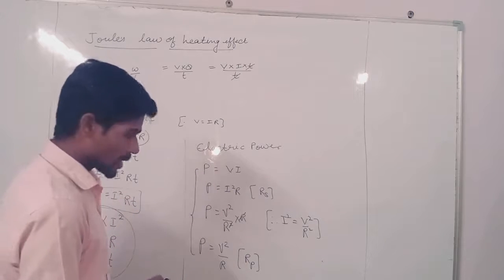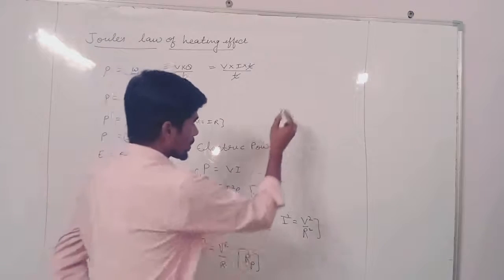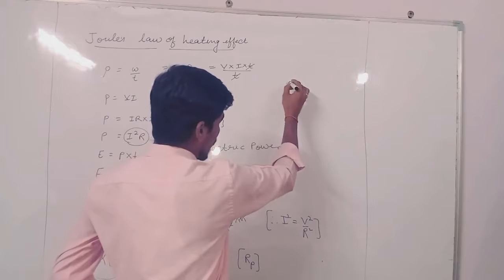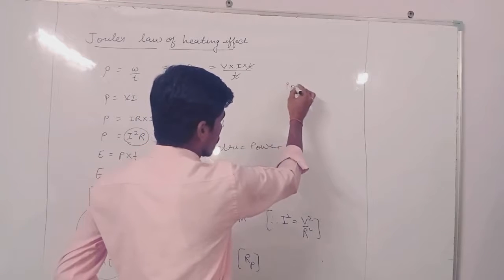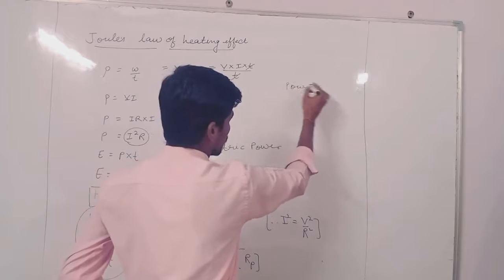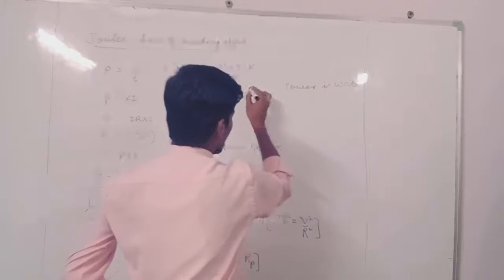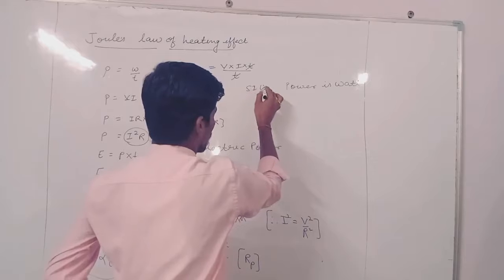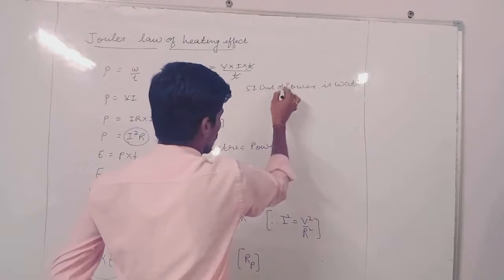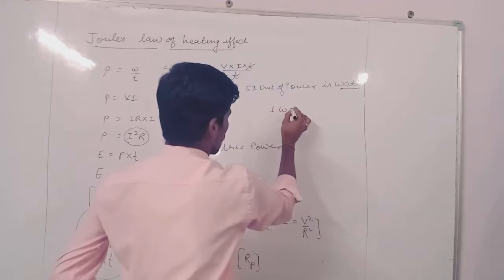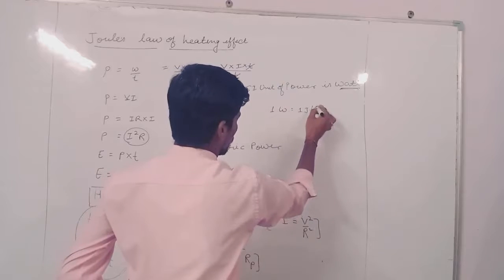Now the SI unit of electric power is watt. SI unit of power is watt, and 1 watt is equal to 1 joule per second.